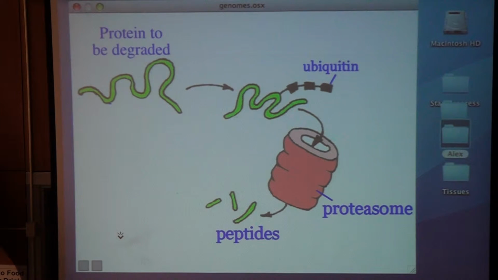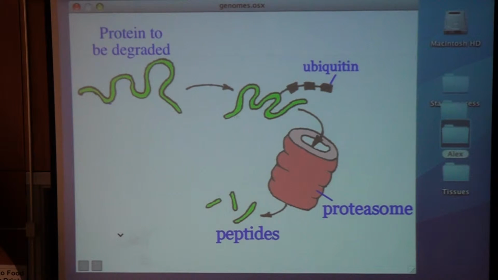So the protein that's to be degraded gets ubiquitinated. And then there's an organelle inside the cytoplasm called the proteasome that's like a shredder for ubiquitinated proteins. The proteins that have been tagged with ubiquitin go inside the proteasome and it tears them apart, eventually down to the amino acid level. So the amino acids can be reused to make new proteins.